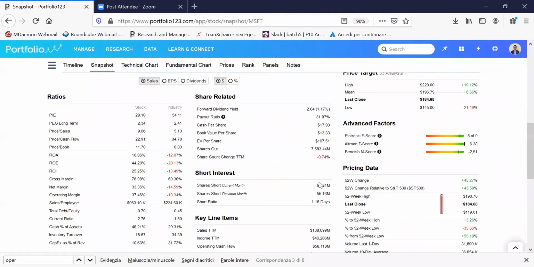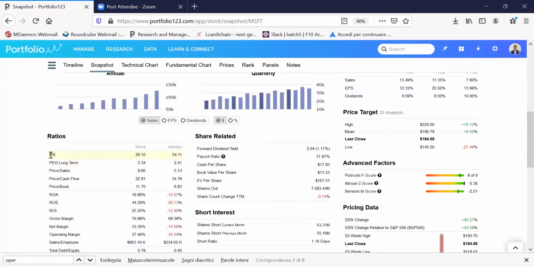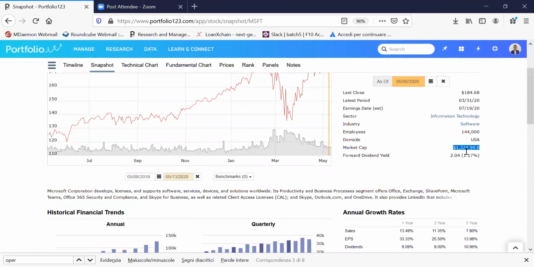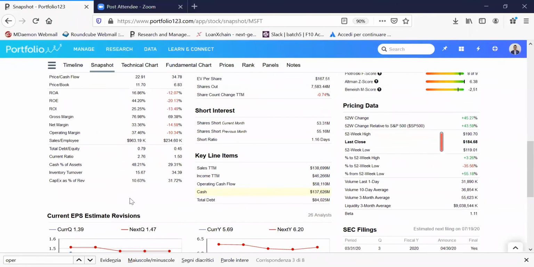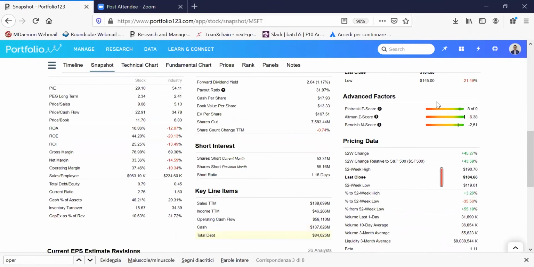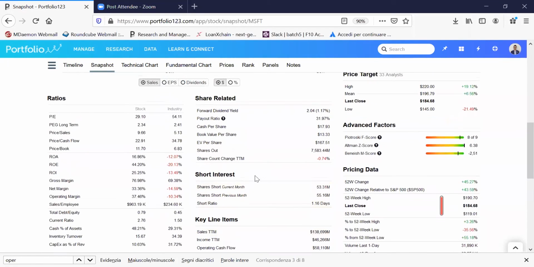I would also argue that you should take off cash when you calculate financial ratios, so that for example here we have a market cap of 1,300,000,000, and with this much cash, this PE can actually be revised lower by 10%, without impacting too much on the risk of the company itself.